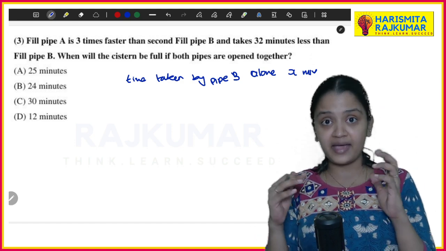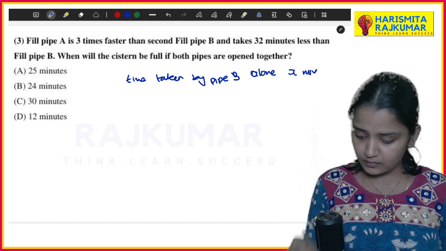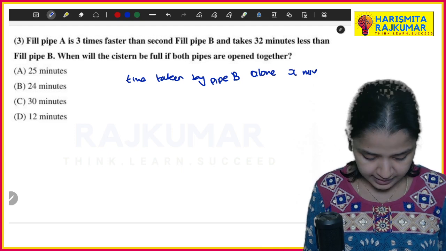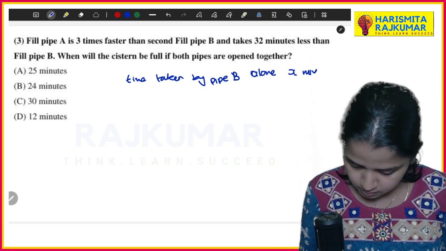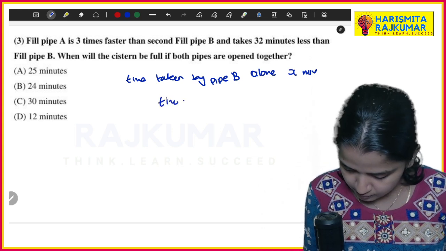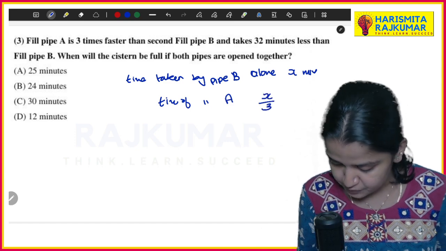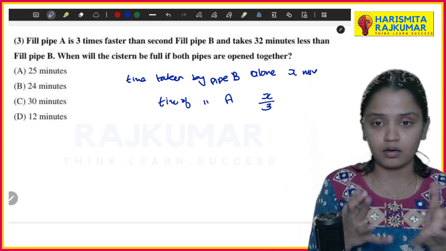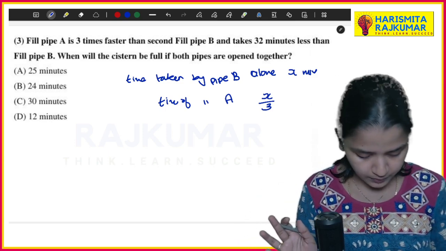Since pipe A is 3 times faster, the time of pipe A is X divided by 3. For example, if pipe B takes 15 minutes, pipe A takes 5.